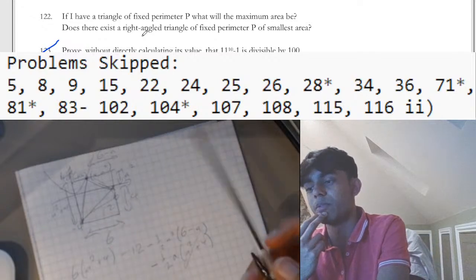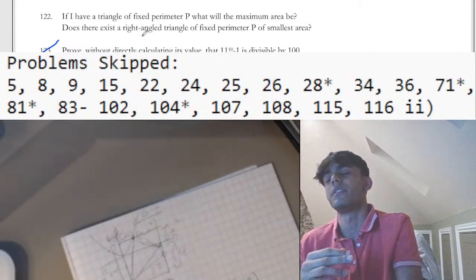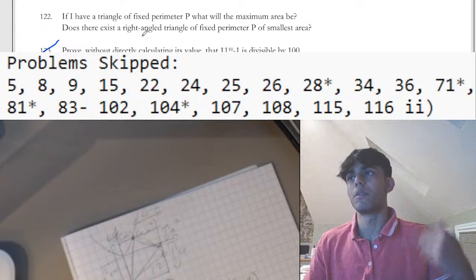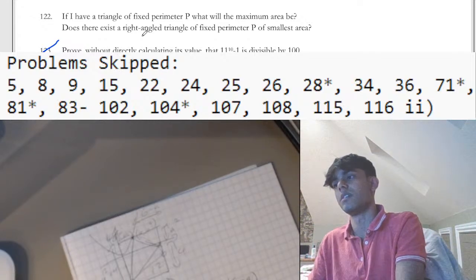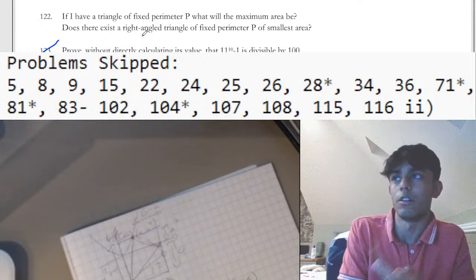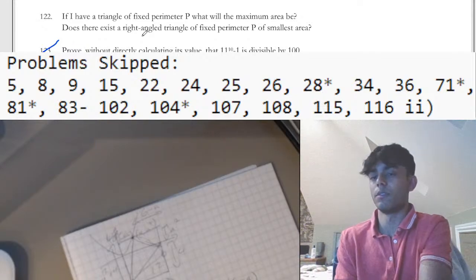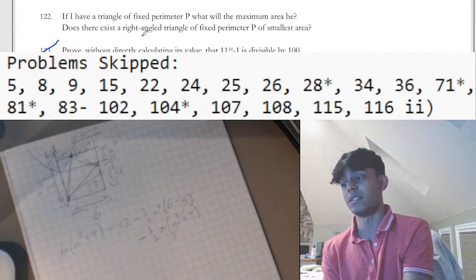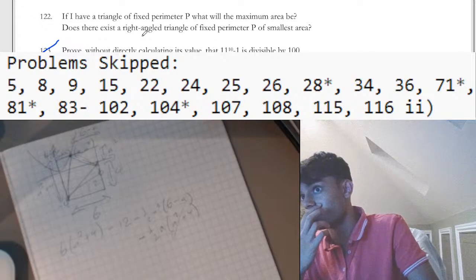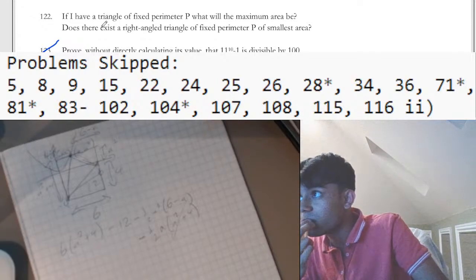So I don't think there's any point of doing this live on the stream, but I think the main benefit is coming up with the ideas live, so you guys can see how someone else is coming up with the main ideas. I'm sure that all of you guys are good enough to look at this, differentiate it, set to 0, and then find the minimum point. So yeah. Okay, next one.